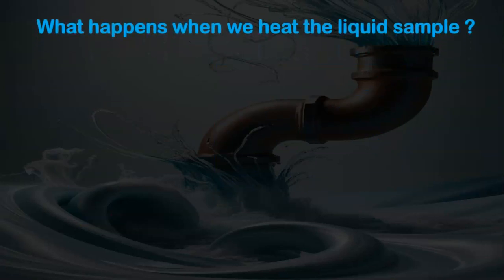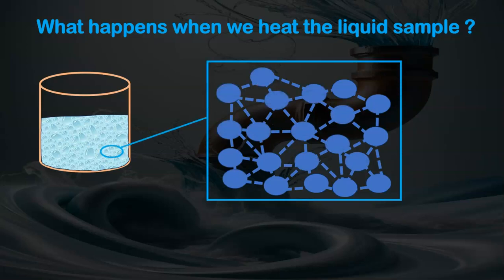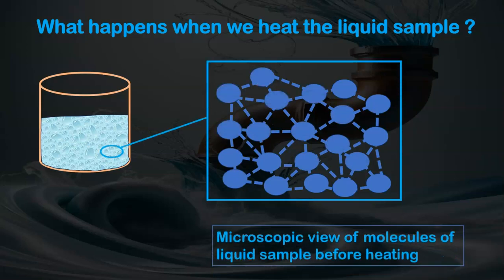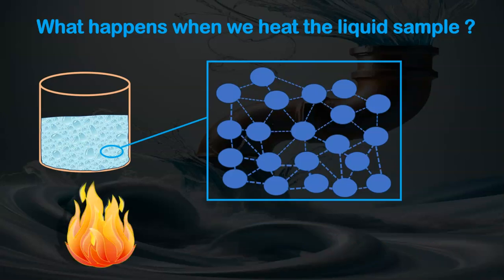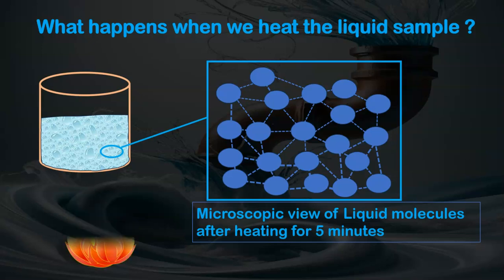So what happens when we heat the liquid sample? So this is the microscopic view of the molecules of liquid sample before heating. There will be cohesive bond between the liquid particles. So when we heat it, what happens? This is the microscopic view of liquid molecules after heating for 5 minutes.